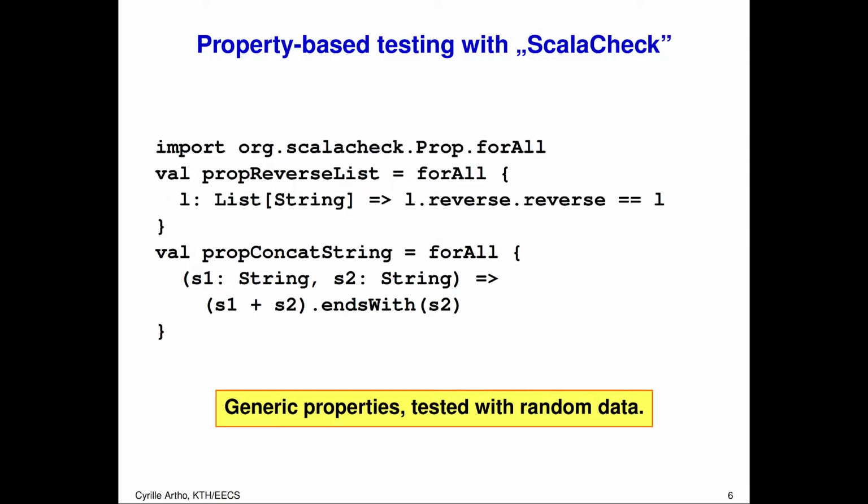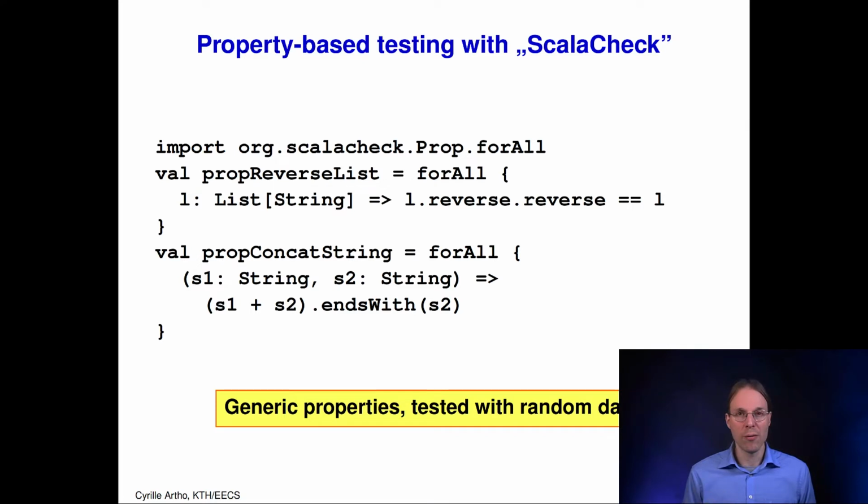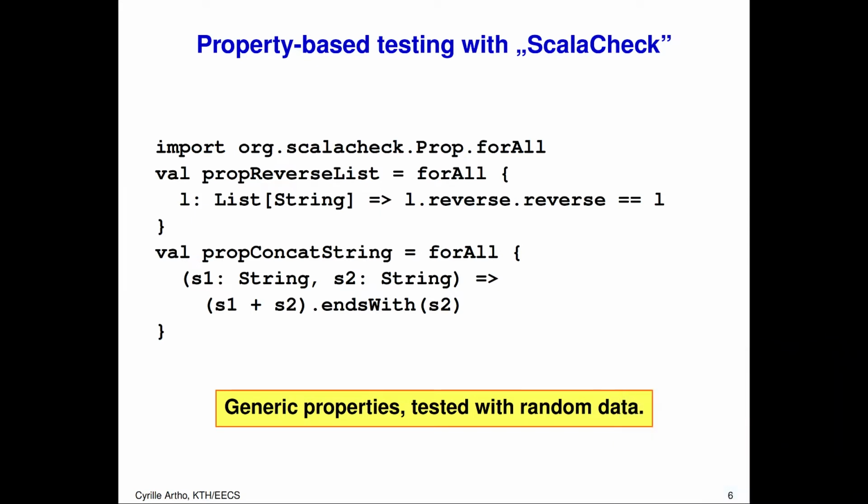You can see that I don't describe the exact result. So I could have a reverse operation that does nothing, and that would also fulfill the first predicate. Or I could have a concatenation operation that doesn't take the first half of the string. And I could also pass that test case. So writing good properties is an art.